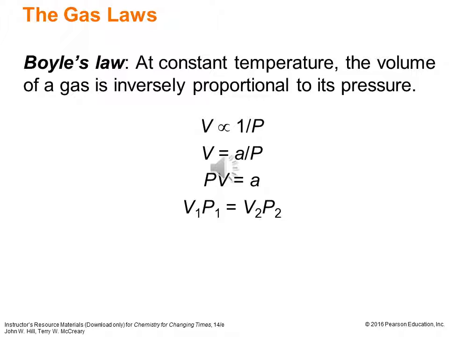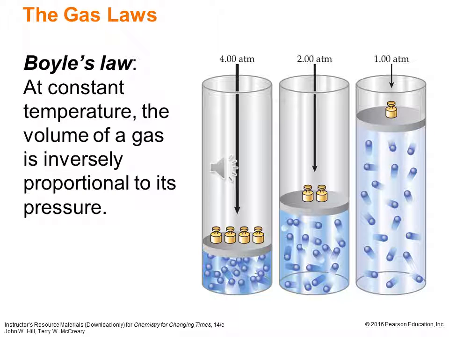So that's Boyle's law, and it's one of the gas laws, the first that we'll go through by name. Here's a picture showing us some examples for Boyle's law where we have different pressures. So in the first case, the one at the furthest left, we have 4 atmospheres of pressure, and therefore the volume is relatively small.